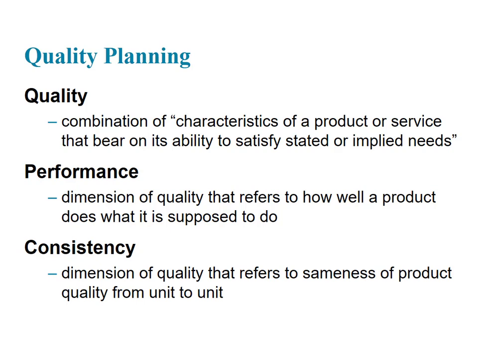Any complete operations plan must ensure that the products are produced to meet the firm's and our customers' standards of quality. Quality is a combination of those characteristics of a product or service that bear on its ability to satisfy stated or even implied customer needs. Performance refers to how well the product does what we have intended it to do.